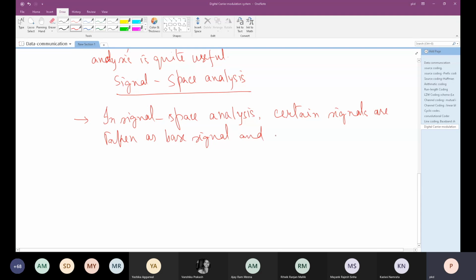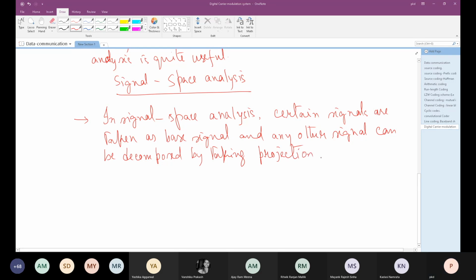And any other signals can be decomposed by taking the projection along the base signal, by simply evaluating the dot product and the integration.